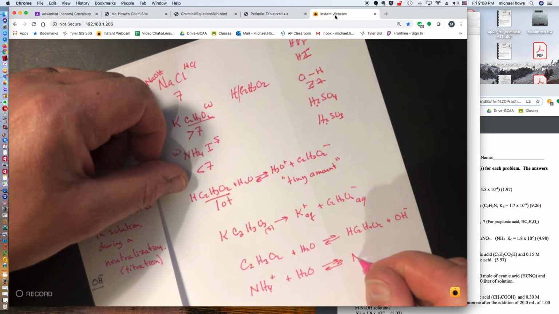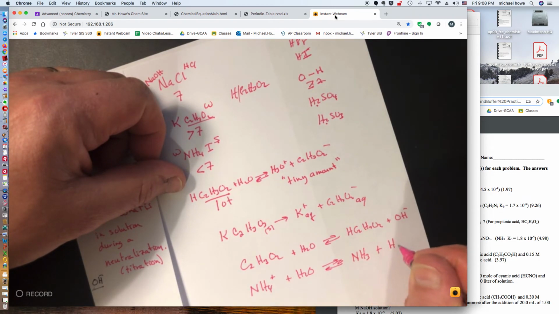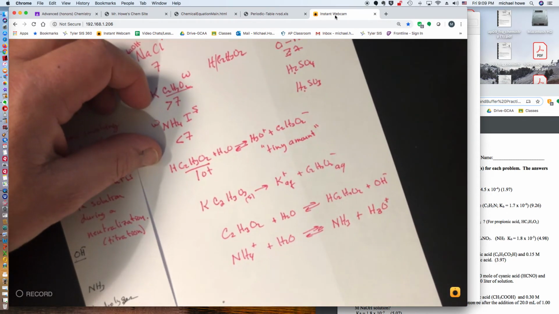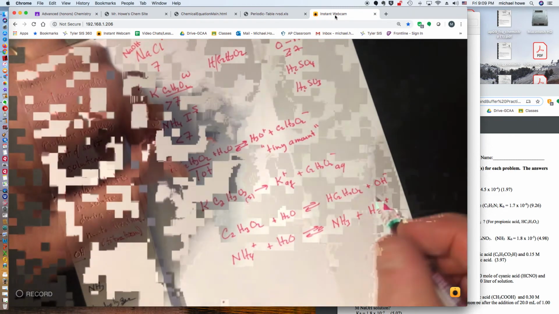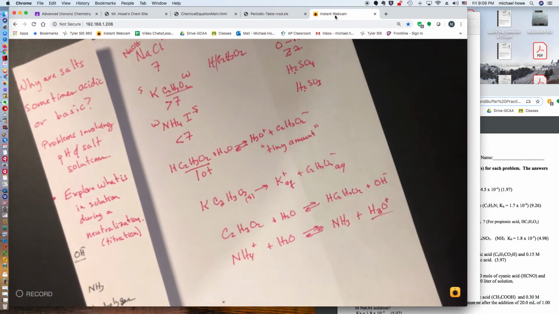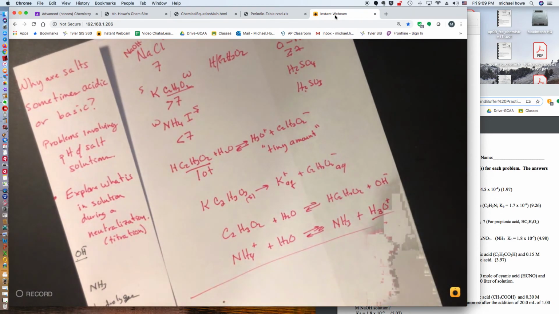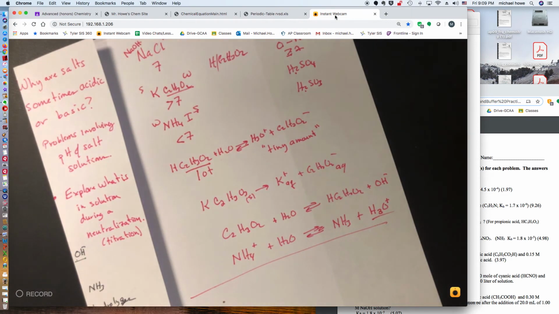So you're going to end up with NH3, and then water has gained a proton, so now it's H3O with a positive charge. So that is why that makes the pH of the salt solution acidic. It's going to be less than 7. All right, so there's why the pHs of salt solutions may not be 7.